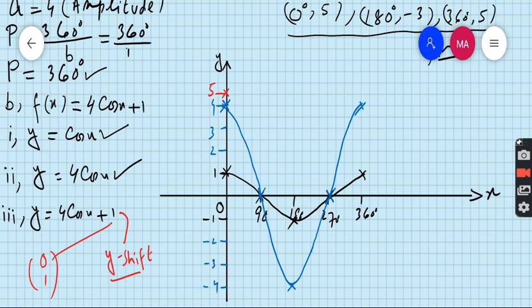Next, this is 90. So the point should be over here. This one. This is minus 4. The point should be over here. Minus 3. This is 270.